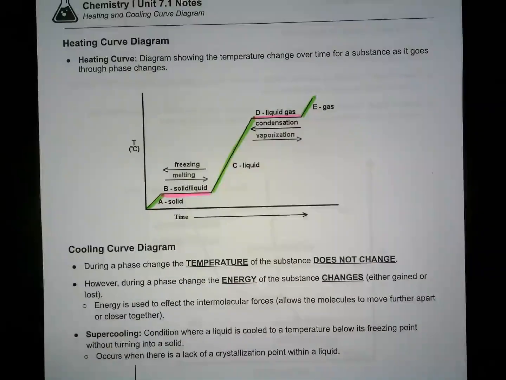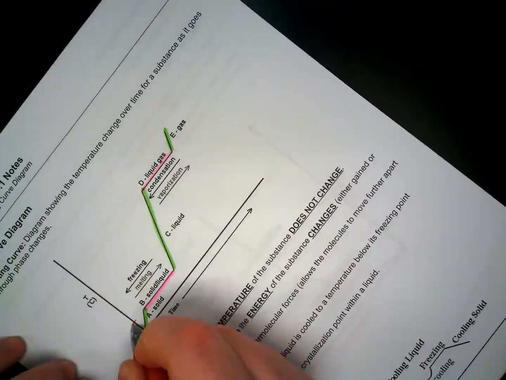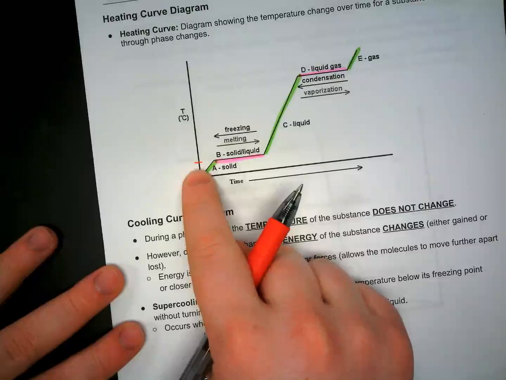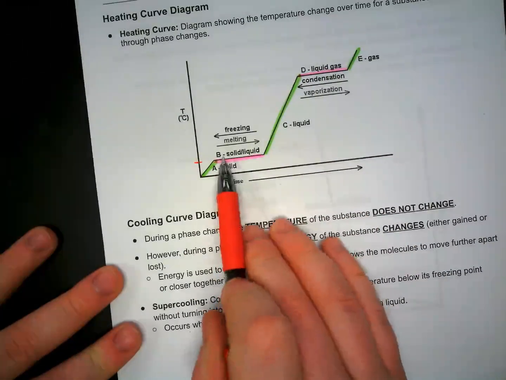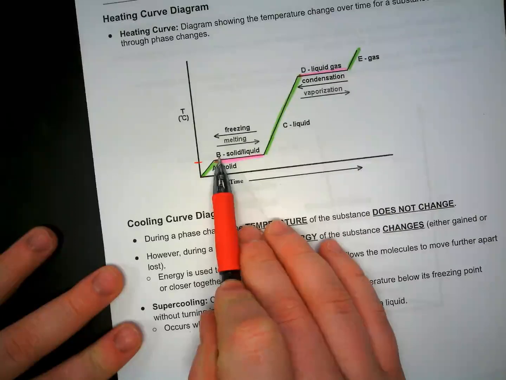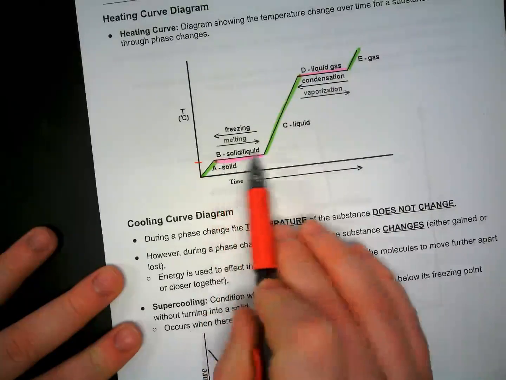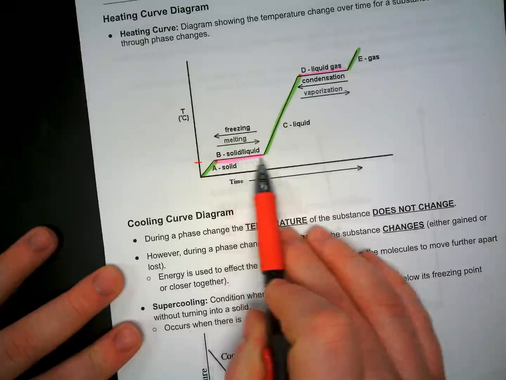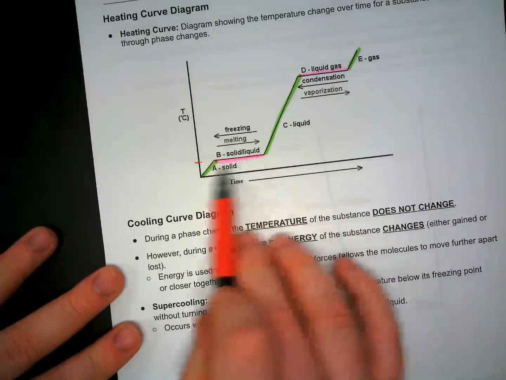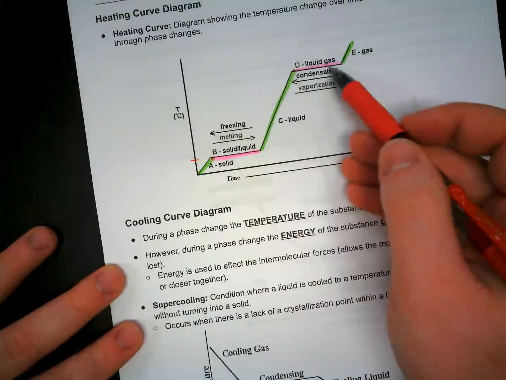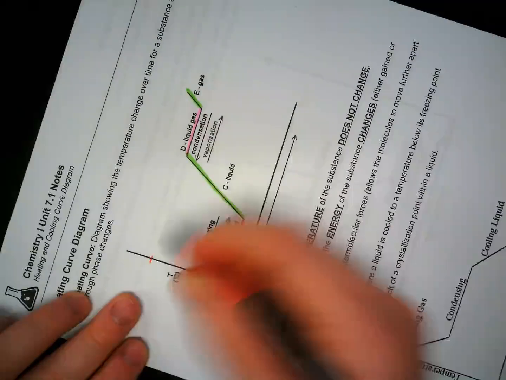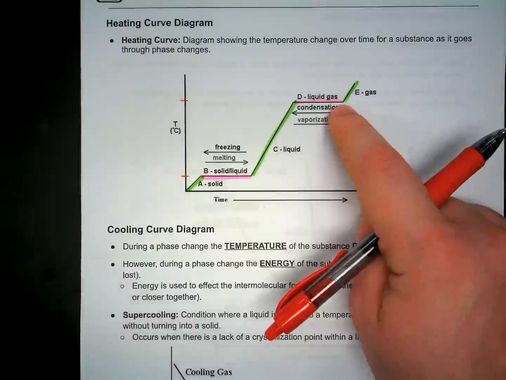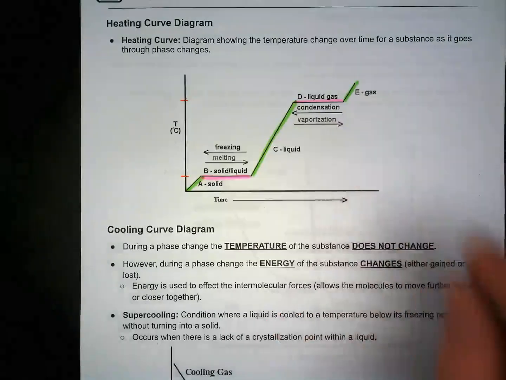Whatever this temperature is right here, when the solid is going from a solid state to a liquid state, it maintains that temperature. And we see the same thing when we go from a liquid to a gas. Whatever this temperature is right here is where we see it go from a liquid to a gas, and it doesn't increase or decrease its temperature. It stays about the same.